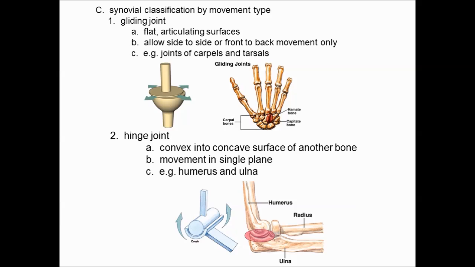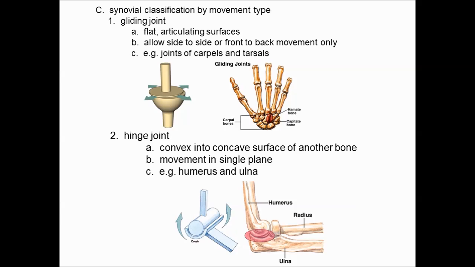An example of that is those irregular bones in the wrist, which we call carpals, which are essentially two flat structures that articulate past each other. A second type of motility is what we think of mostly when we think of joints, and that's a hinge joint, which, just like the hinges on a door, allows movement in a single plane.